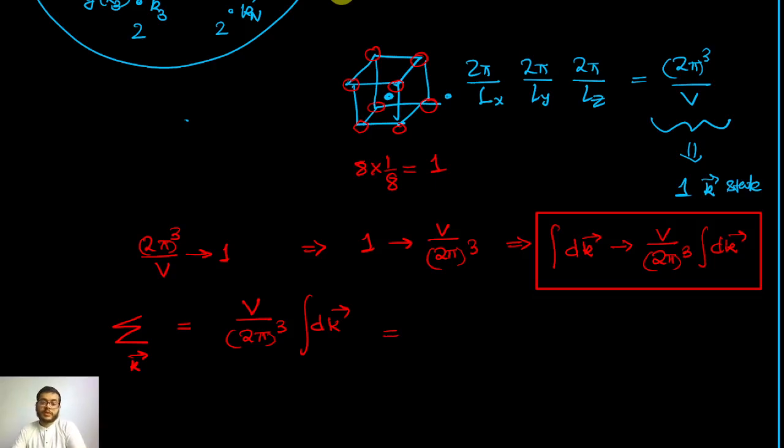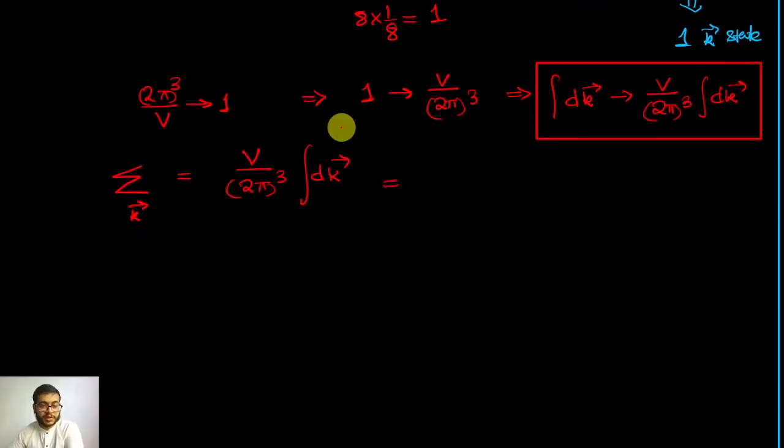Okay. So now what we can do is we can say that, let's say we want to sum over some k dependent quantities. Then we can write it as this.